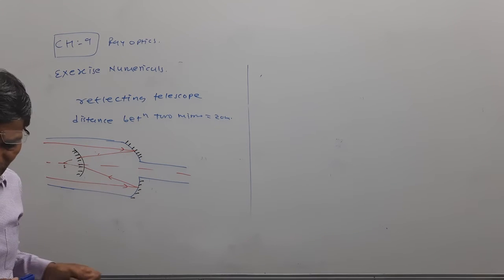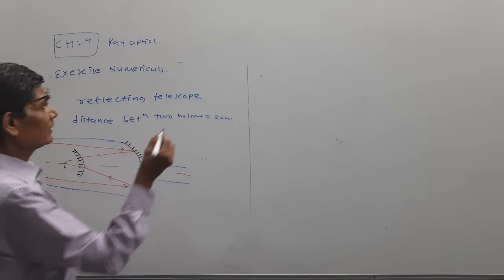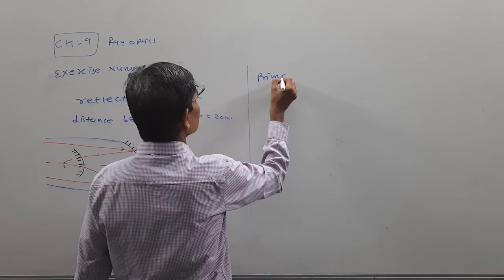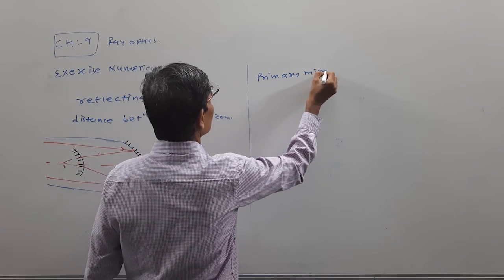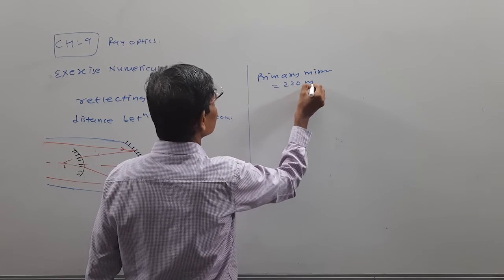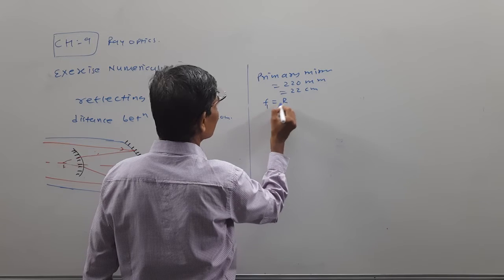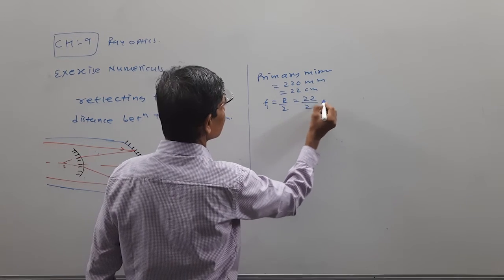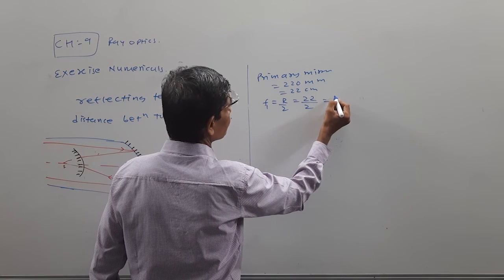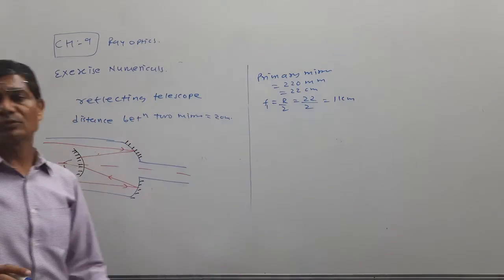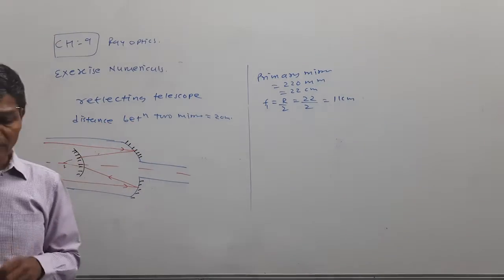Now see, the radius of the concave mirror is 220 mm, 22 centimeter. F1 is equal to R by 2. So this is the focal length of the primary mirror.